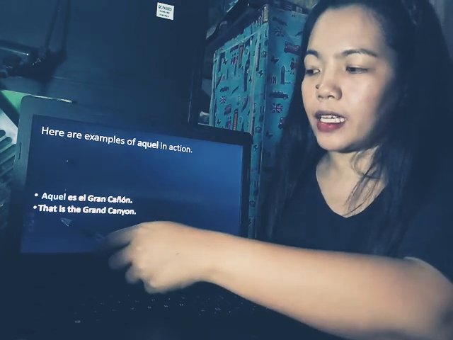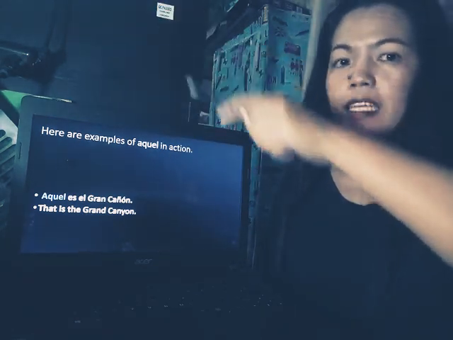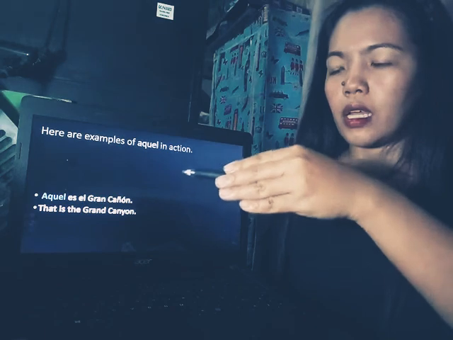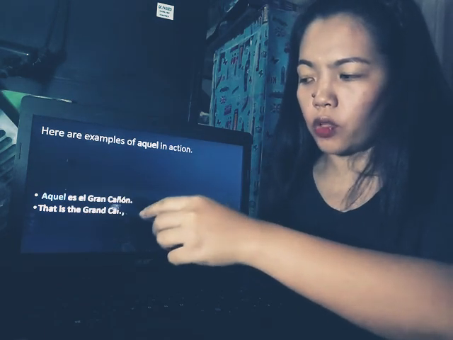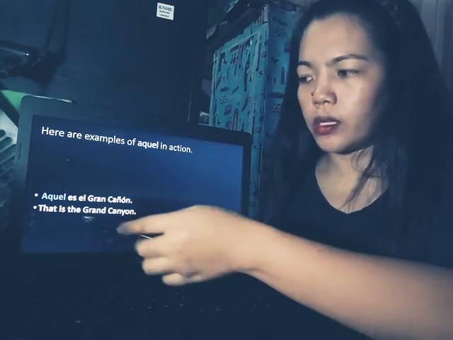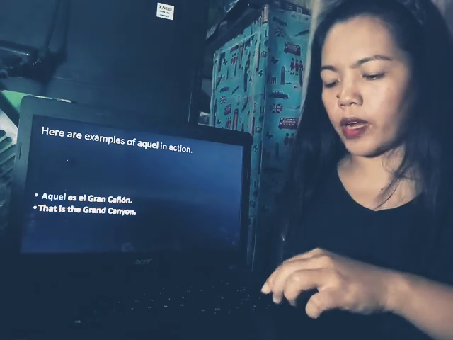So that is the Grand Canyon. That is pointing out the canyon, mentioning the canyon, which is very great or very historic. Aquel es el Gran Canyon. That is the Grand Canyon.